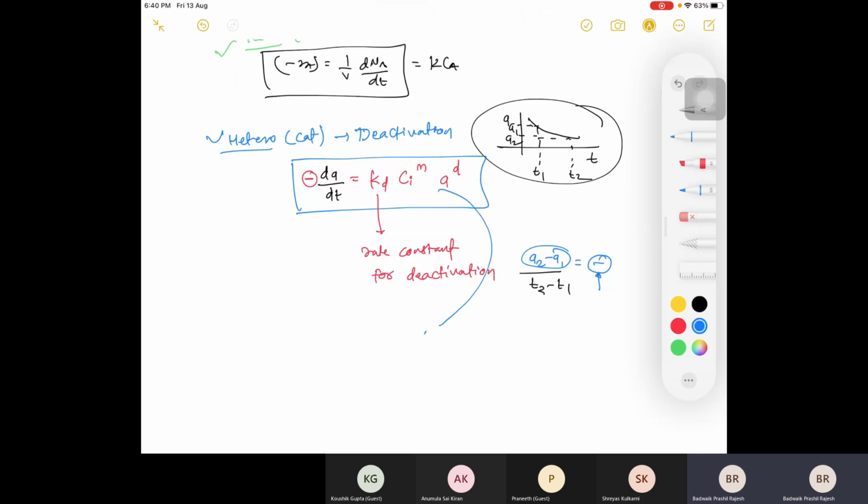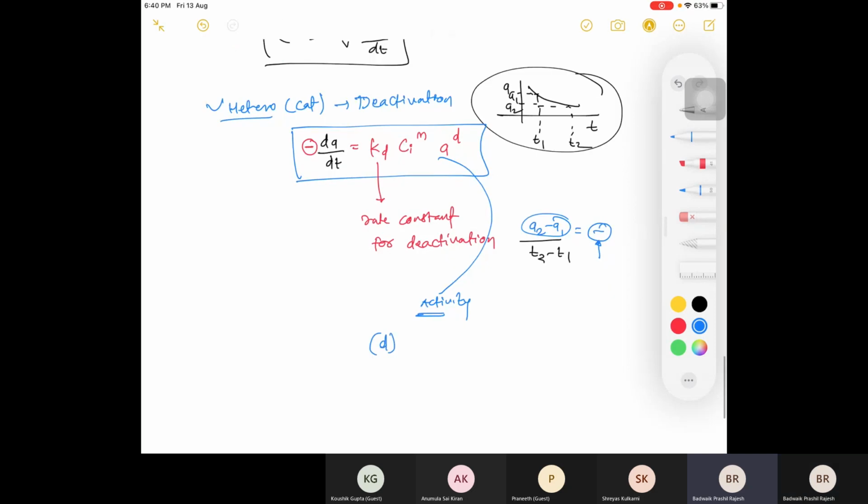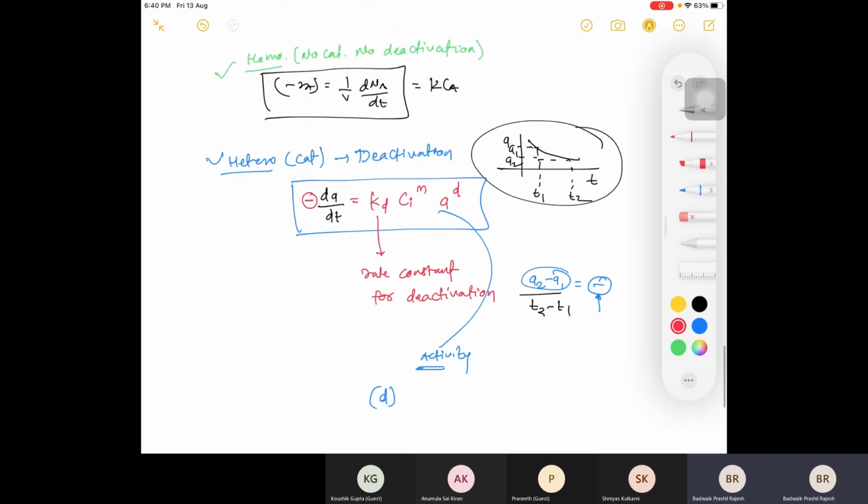Then what is A? A, you know, is activity. What do you mean by d? In the case of reaction, I was writing n, right? Rate of reaction equals minus dCA by dt equals k C to the power n. So what was n there?